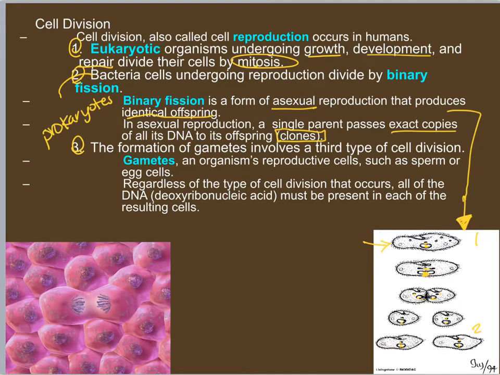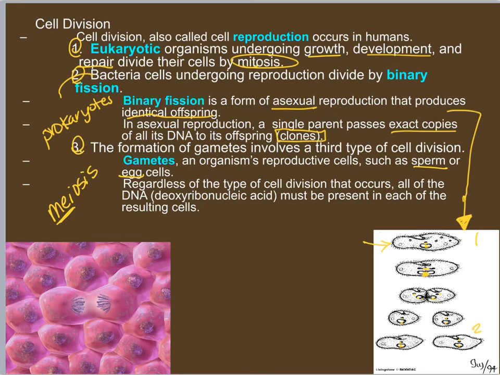Like in humans, that's going to be the sperm and egg. Or like in plants, that would be like pollen. So these are your gametes, your sex cells, and that is a special type of reproduction. That is called meiosis. And if it's easier for you to think of it as meiosis, then you can think of it that way. But the correct term is meiosis.